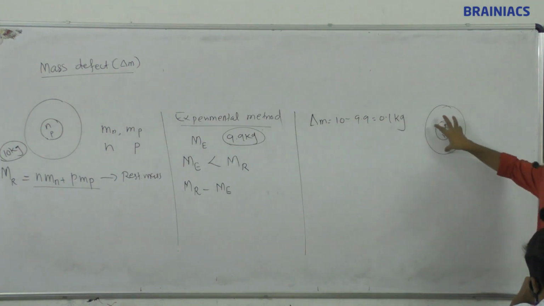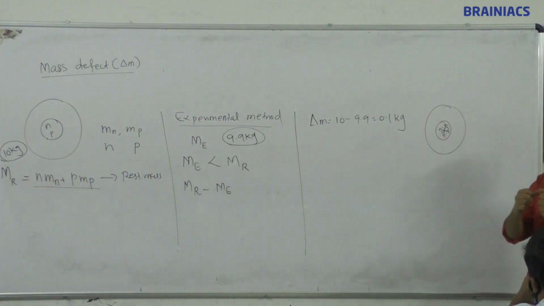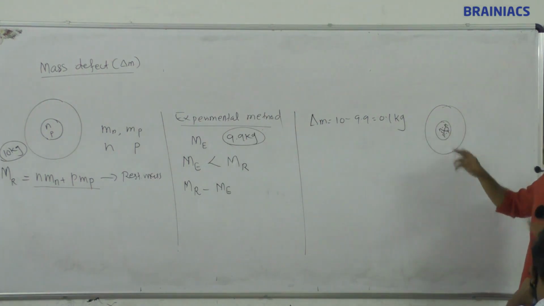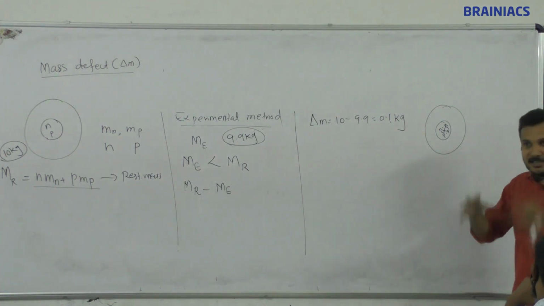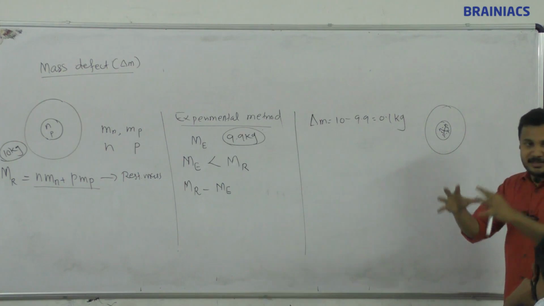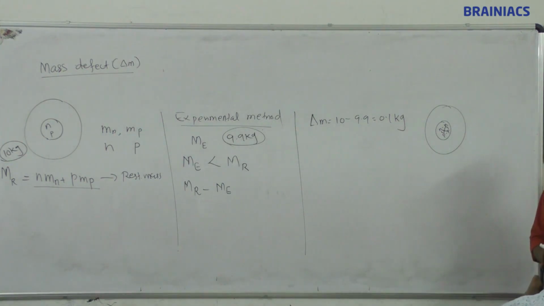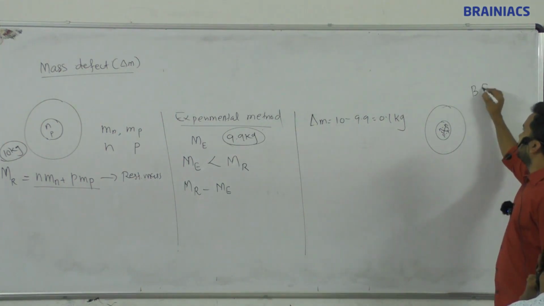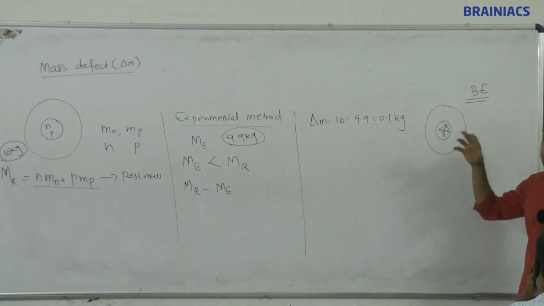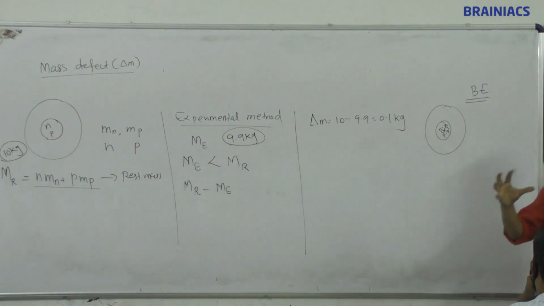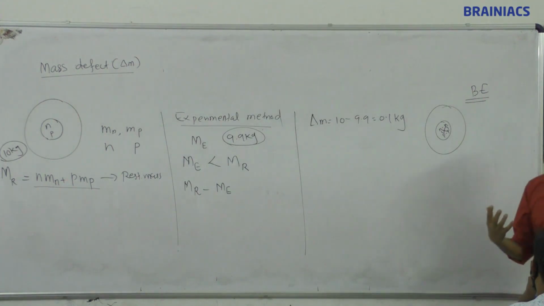There are lots of different forces. But despite all these repulsive forces, the nucleons do not go out of the nucleus. It still stays in the nucleus. So somebody is holding it. Who is holding it? The energy which holds all the nucleons together within the nucleus is called binding energy.